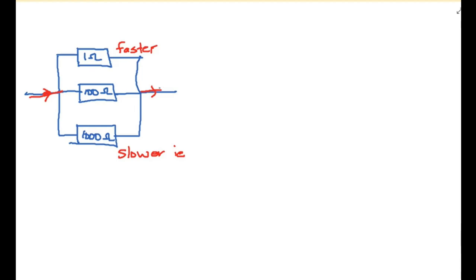So if you just had your 100 ohm resistance and all the current had to flow through it, and then you add any other resistor, if you have multiple pathways for your current, the resulting resistance, listen carefully, the resulting resistance, if you have multiple resistances in parallel, is always smaller than your smallest value.